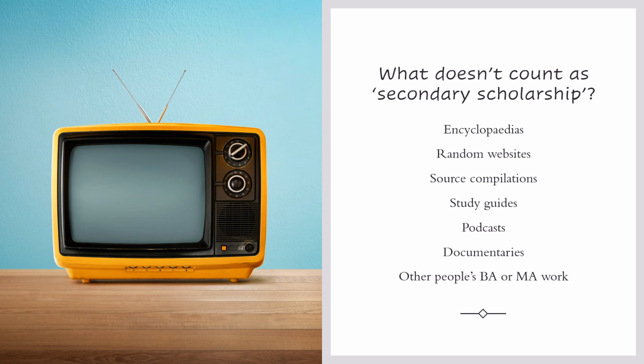There's no quality control there. You can't check to see whether it's a reputable publication. And also the level is not really something that you should be aspiring to use. So when you see something online, do check and make sure it's something that's actually been published and not something that somebody has just uploaded as their MA or BA work.